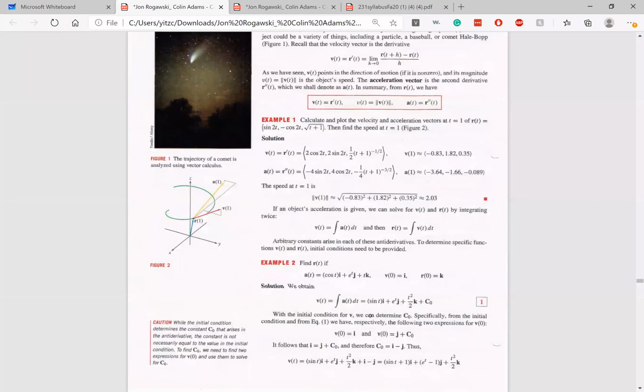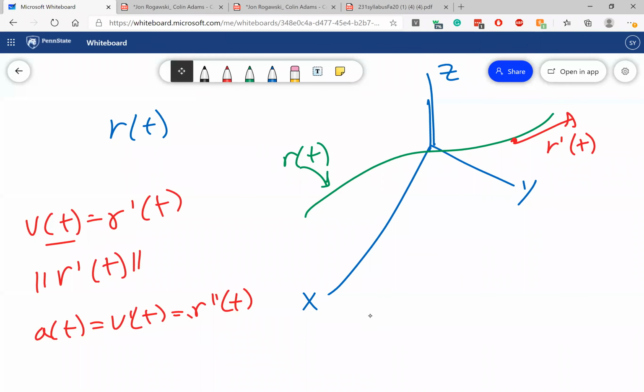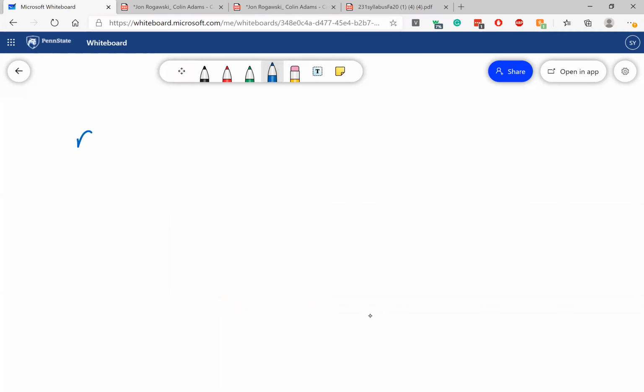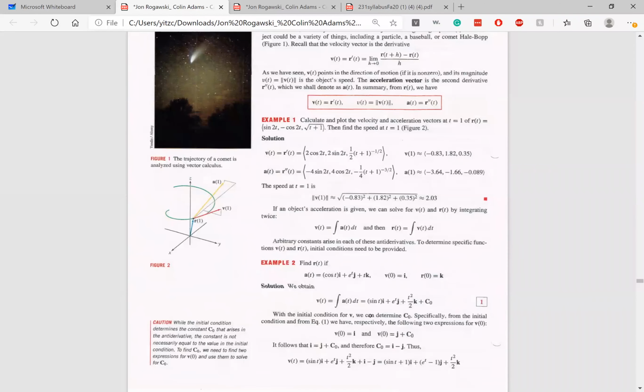So now they want us to calculate and plot the velocity and acceleration vectors at t equals 1 for r of t equal to sine of 2t, negative cosine of 2t, and the square root of t plus 1.